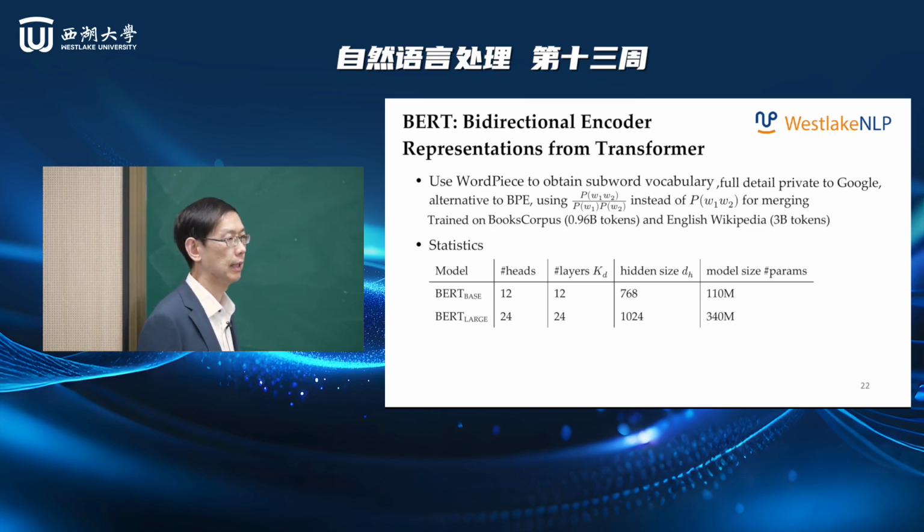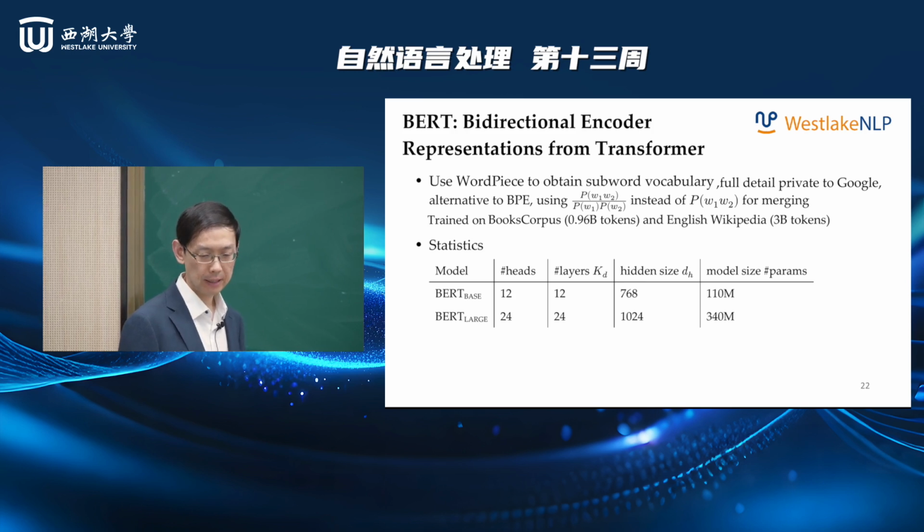BERT has a base version and a large version. They change the differences on the number of heads, number of layers, the hidden size, the size of the hidden vector. All these combined together influence the number of parameters.